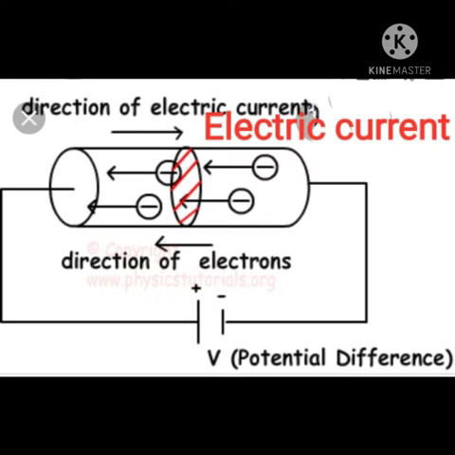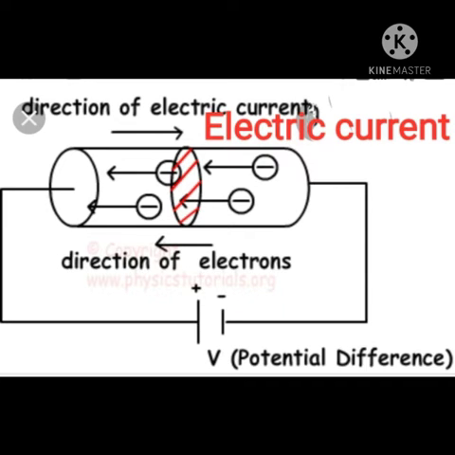Flow of electric charge. Let us consider the flow of water in a pipe to understand the basic illustration of current and current flow. The current can be considered as water flowing through a pipe.